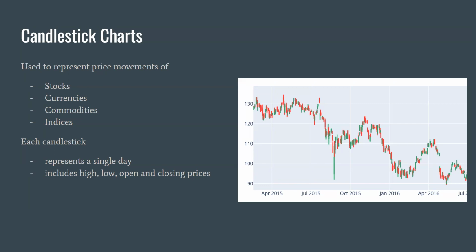And the visual format of candlesticks makes it easier to spot trends and patterns over time compared to more traditional bar charts. However, there are some limitations. I would say the limitation is that candlestick charts are context dependent. What we mean by that is the significance of candlestick patterns can depend heavily on the broader market context and other technical indicators.